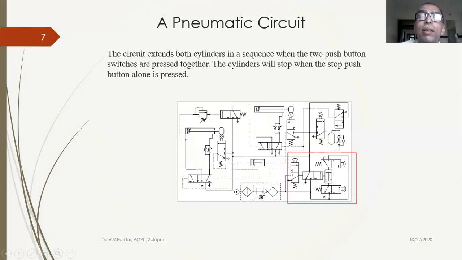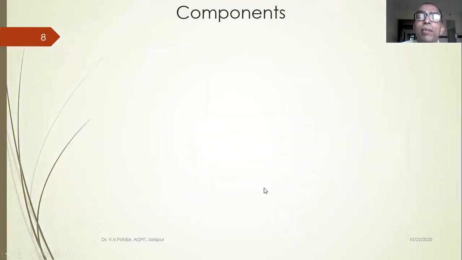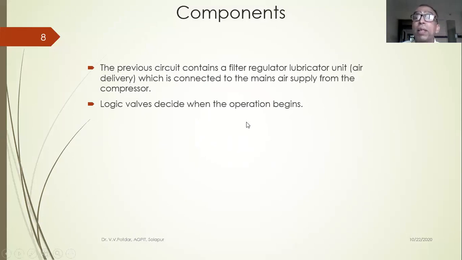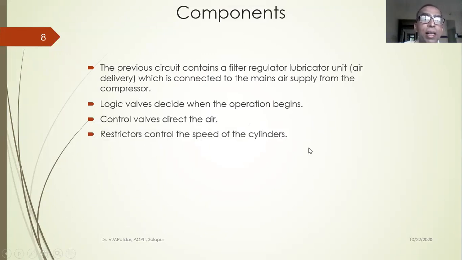Okay. Then we have, which is connected to the mains air supply from the compressor. We have seen. Logic valves decide when the operation begins. Now these are pneumatic logic valves. Remember, these are not electronic logic valves. Control valves direct the air. And then restrictors control the speed of the cylinders. How do they control the speed of the cylinder? By controlling the flow rate of the air.